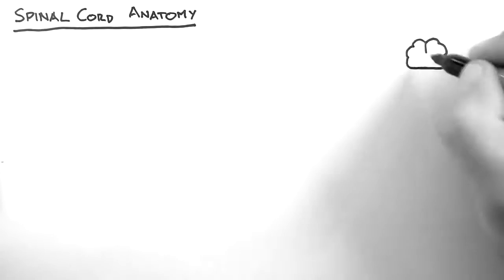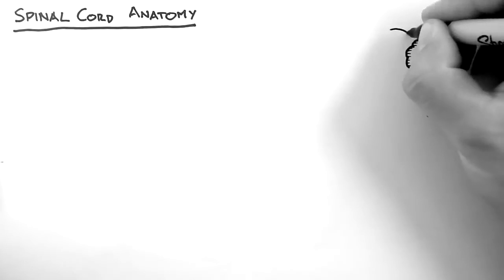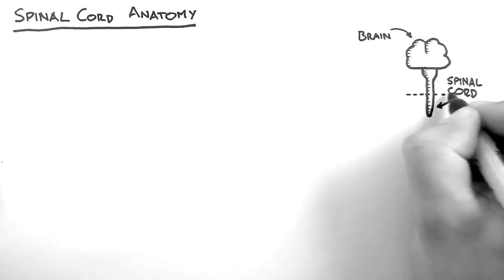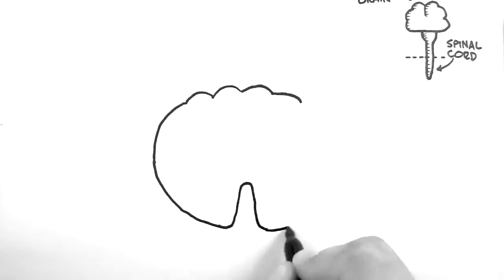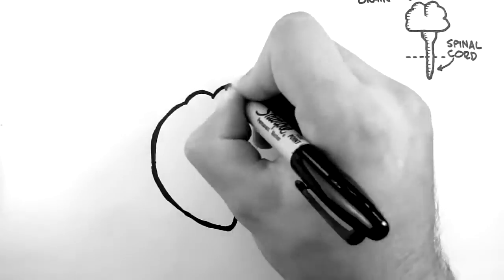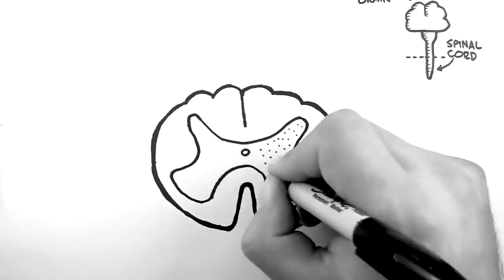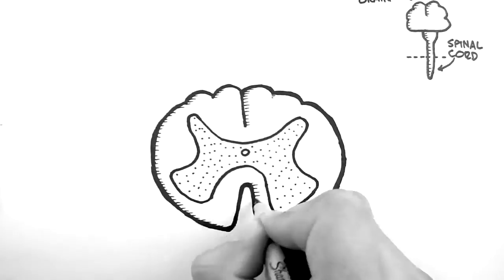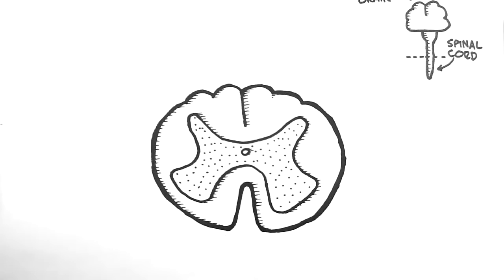So let's begin by taking a cross-section of the spinal cord. We're going to cut through here like this. And this is what we see. The first thing you'll notice about the spinal cord is that there are two well-defined areas.